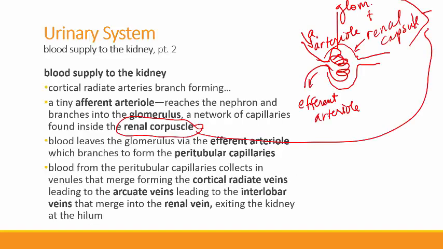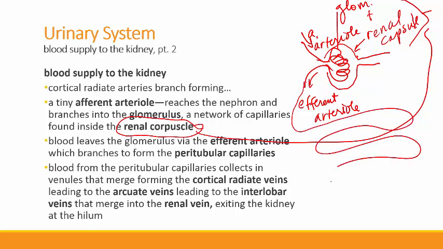So the blood leaves the glomerulus via the efferent arteriole, and it goes directly to a second capillary network called the peritubular capillaries. And what we're going to see is that this tube that leaves the renal capsule is going to be surrounded by these peritubular capillaries.